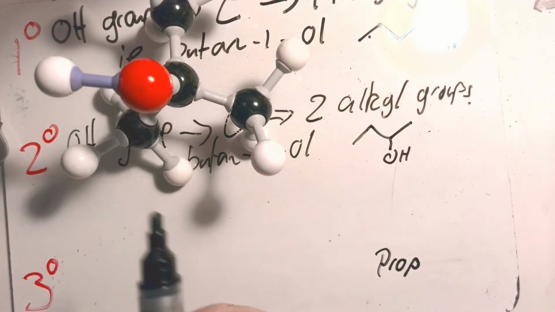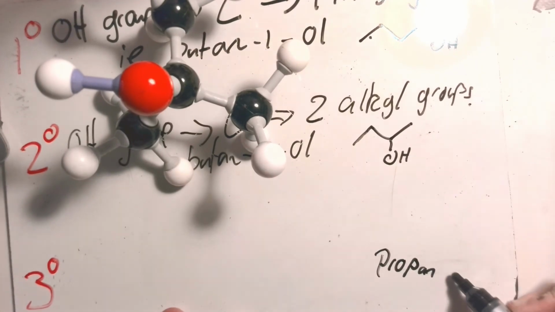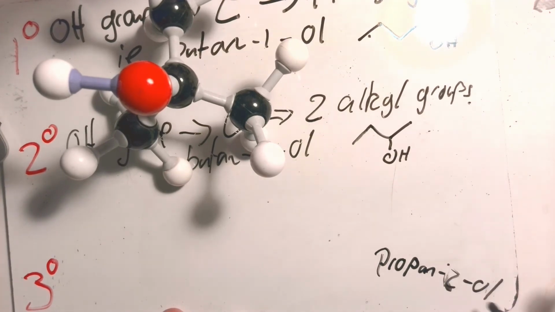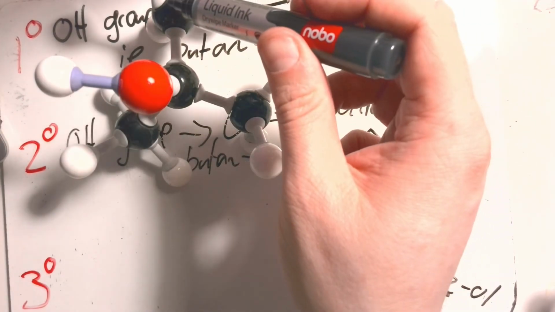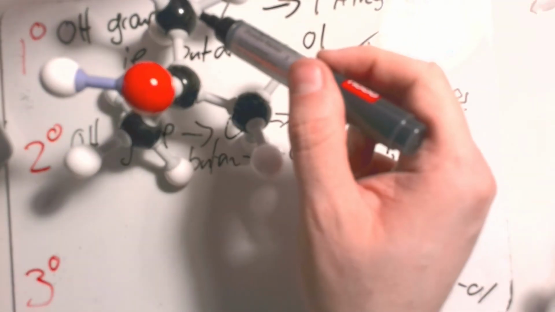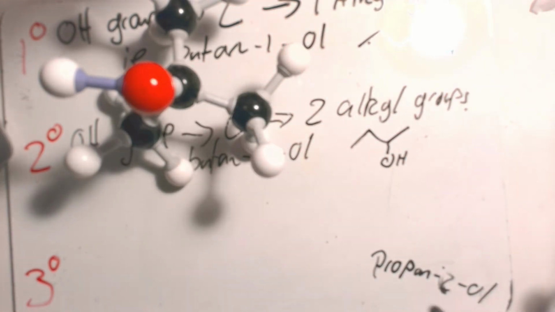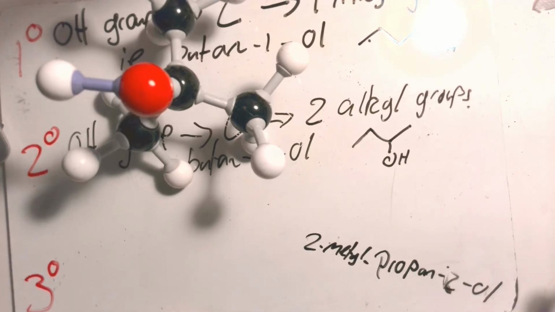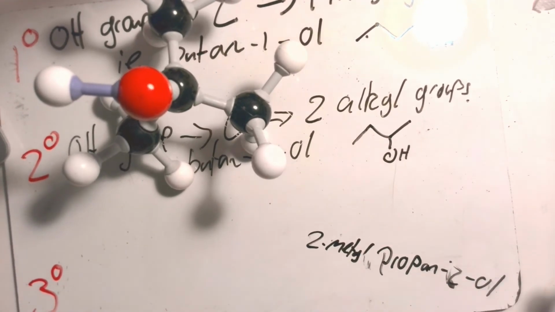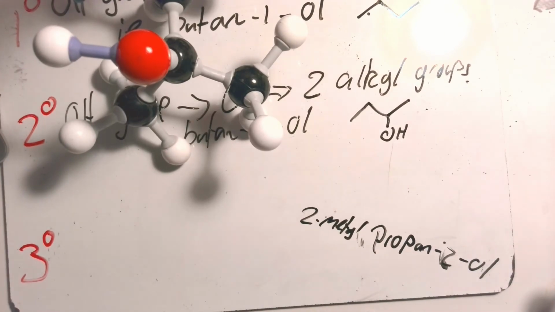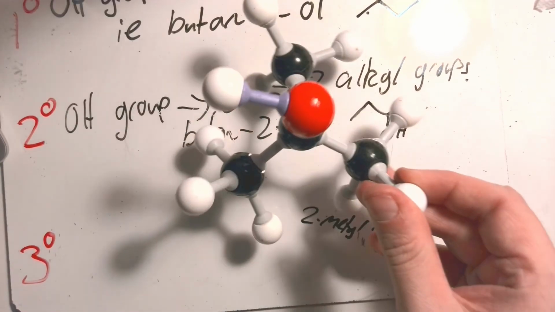Our OH group in this one is on the second carbon in the chain, so it's going to be propan-2-ol, and we've also got a methyl group coming off to the side in this case. So if our chain is these 3, this methyl group is coming off the side also on carbon 2. So it's going to be 2-methylpropan-2-ol. I shouldn't have a line there, I'm sorry. So 2-methylpropan-2-ol is a lovely example of a tertiary alcohol.